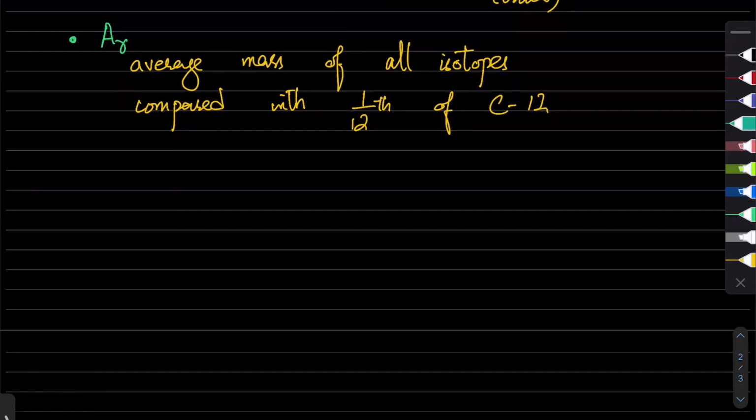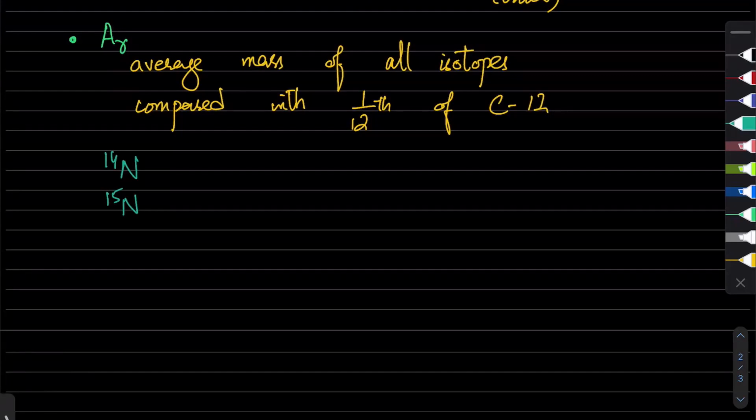Let's say, and I'm just making it up, there's no reason for that. Let's say nitrogen. So nitrogen has two isotopes, nitrogen 14 and nitrogen 15.